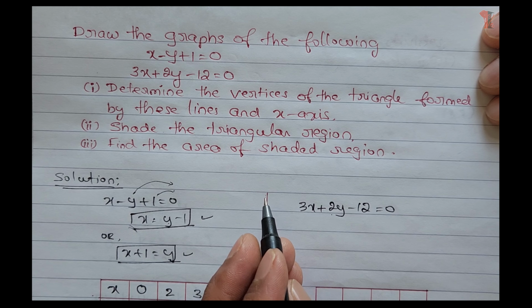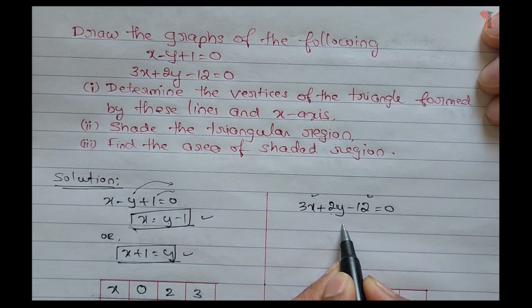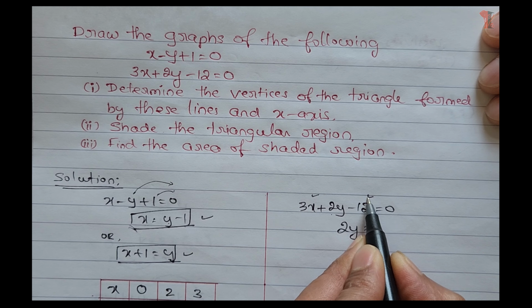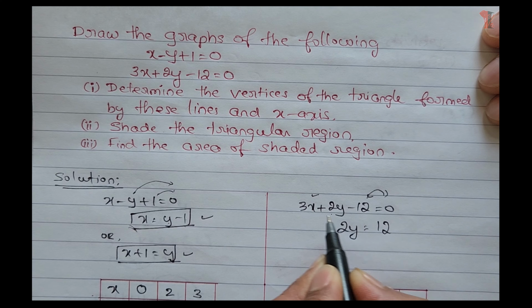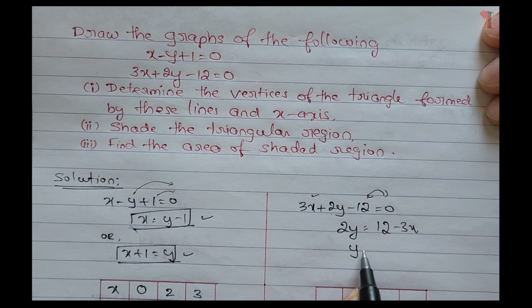To make that, I am going to transpose 3x and 12 to the other side. That means 2y is equal to minus 12 becomes plus 12, plus 3x becomes minus 3x. Now I will take y is equal to (12 minus 3x) by 2.